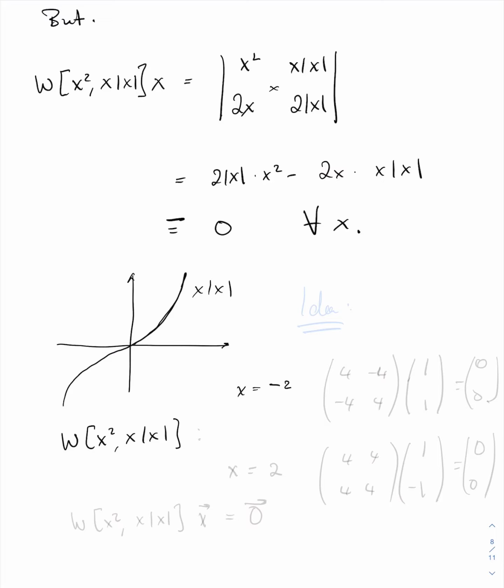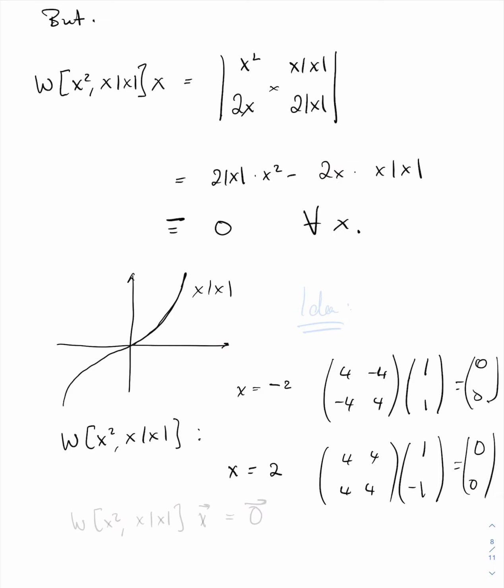We've got 4, -4, -4, 4. And we'll notice that if we multiply by 1, 1, we're going to get the 0 vector. But at x equal to 2, the Wronskian is going to be 4, 4, 4, 4. And we'd have to multiply by 1, -1 to get 0, 0.